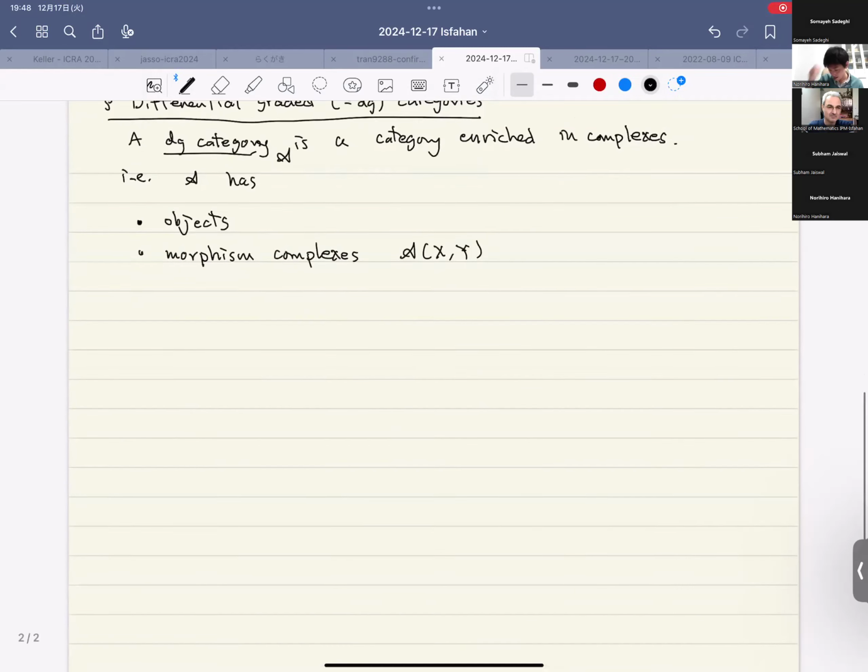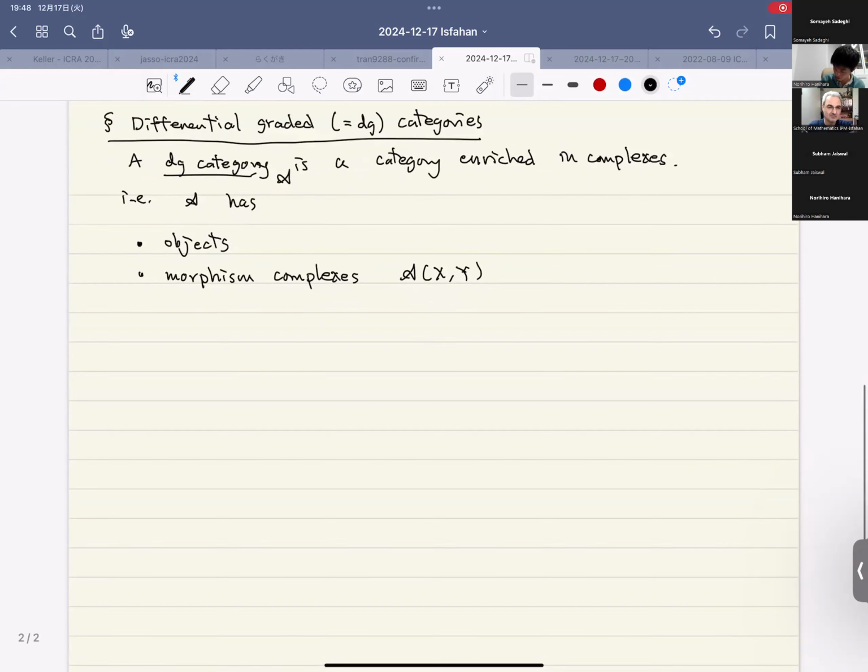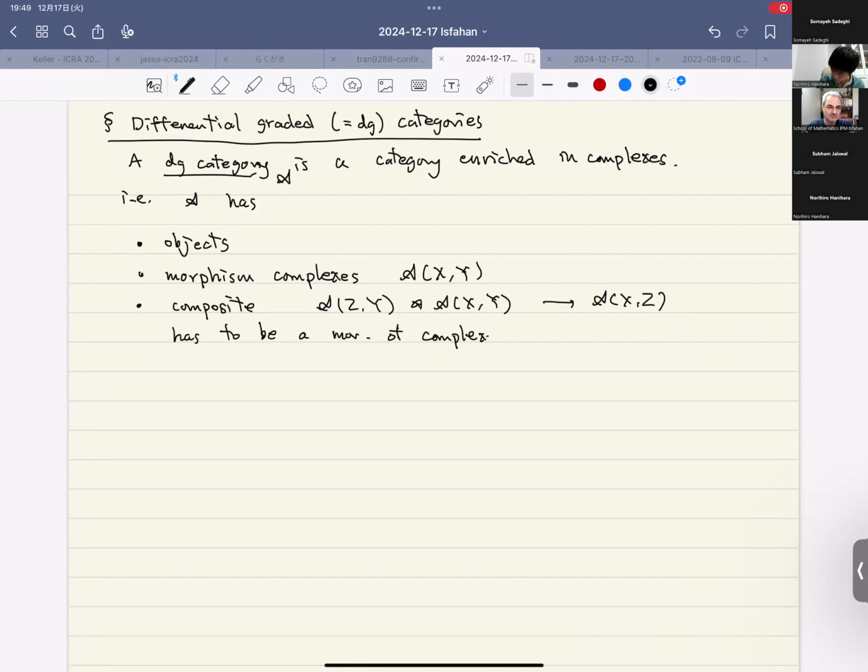And so what does enrichment mean? It means that the composite, sorry, X to Z, has to be a morphism of complexes.